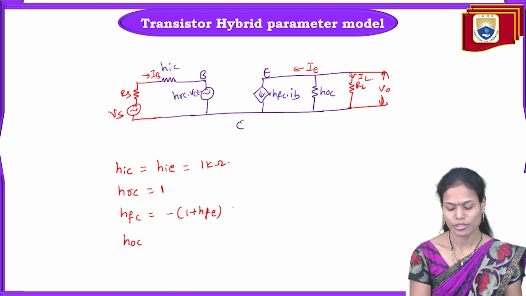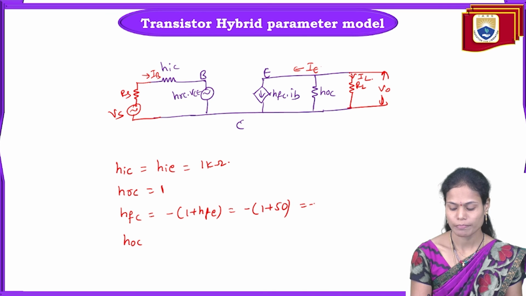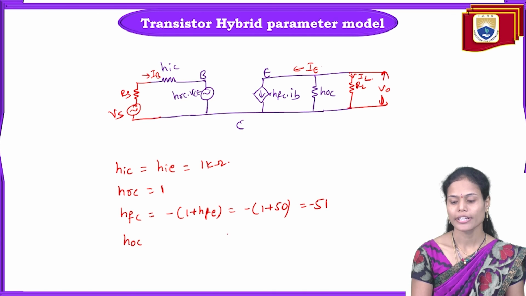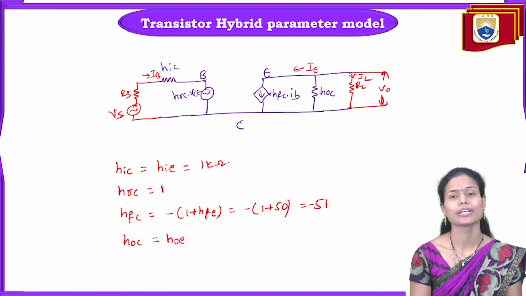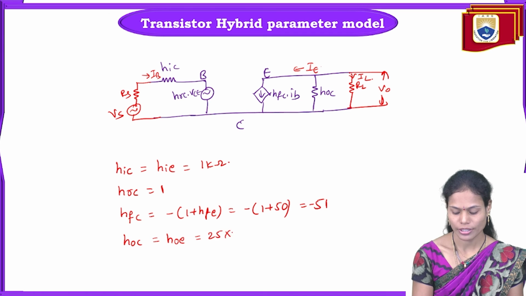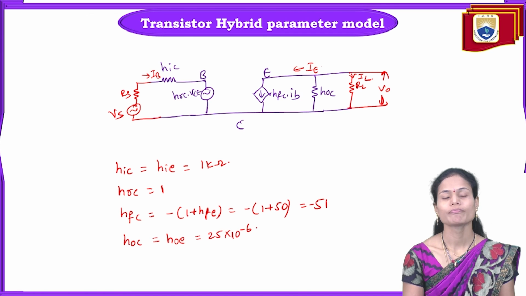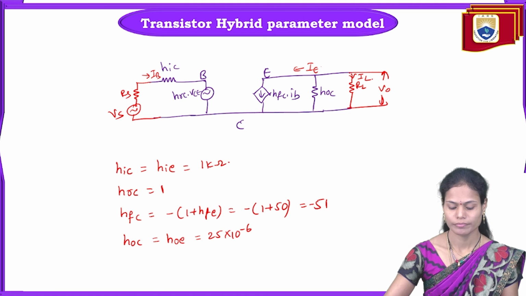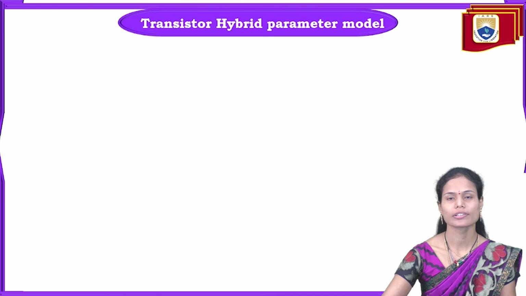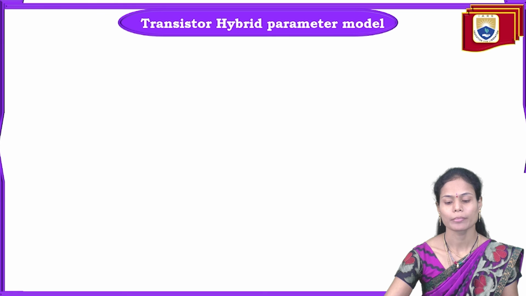So HFE value is 50 as given, so minus of 1 plus 50 is minus 51. And HOC is nothing but the output admittance, which in common collector is equal to the output admittance in the common emitter configuration, that value is 25 microamps per volt here. So now we'll calculate the asked parameters in the problem.